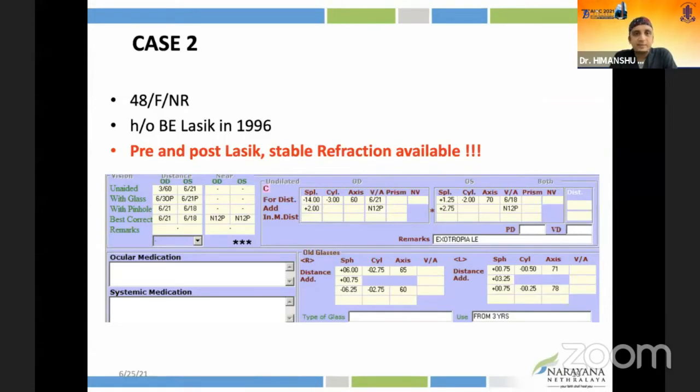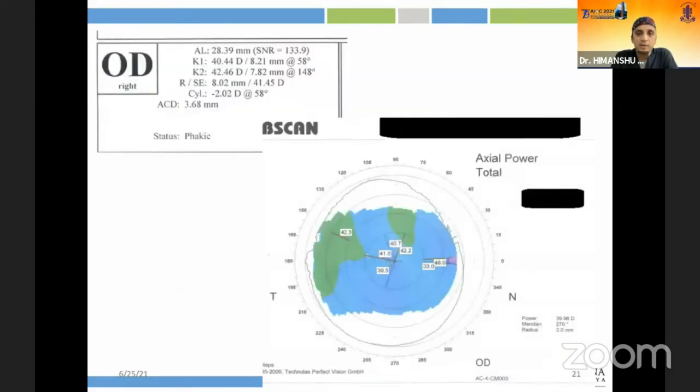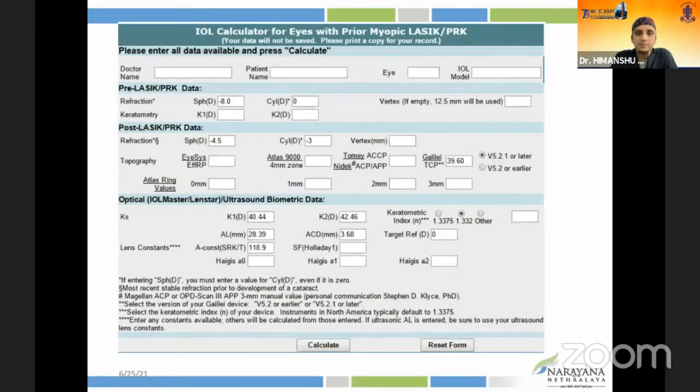I'll take a second example now. The LASIK was done, but we have post-LASIK data available with us, so that we can utilize other methods like the historical method and those things. Now in the post-LASIK data, we realized that the patient had cylindrical power, and now the patient requires a toric IOL. If you look at the data which we saw earlier, the topography also showed cylindrical power, which was matching.